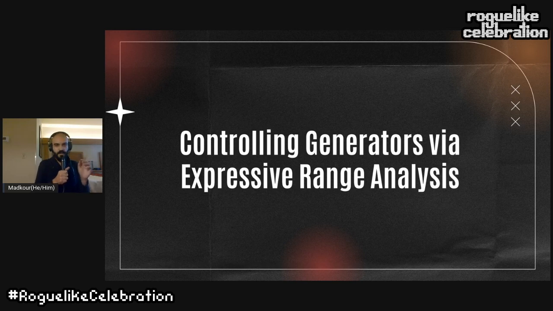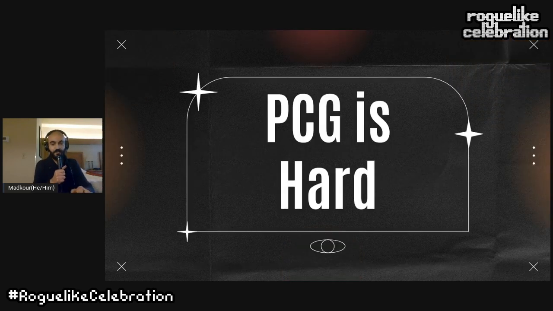All right. So first of all, controversial hot take: PCG is hard. So again, in the ivory towers of academia, a lot of people spend a lot of time thinking about how to come up with content generators that are diverse and that generate playable levels or playable content.